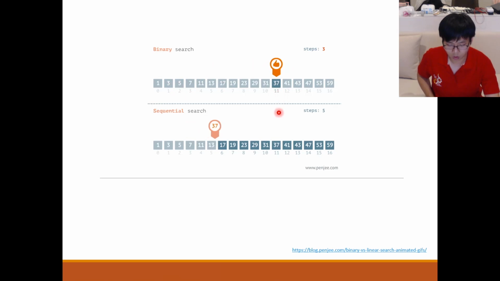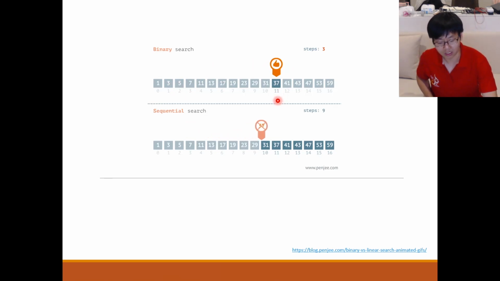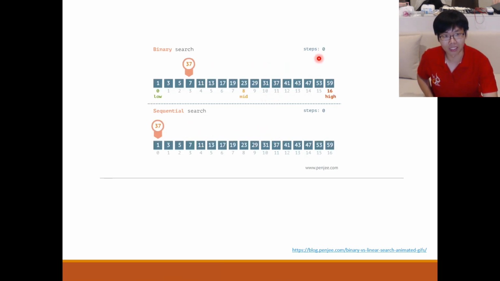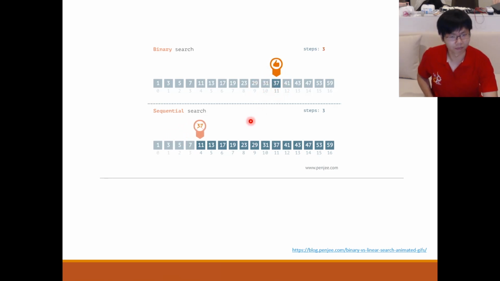In this case, to find number 37 it uses only 3 steps. Go to this middle point, then divide in half, then divide in half again, and then you got it. For sequential search, it takes 11 steps before you find this number.